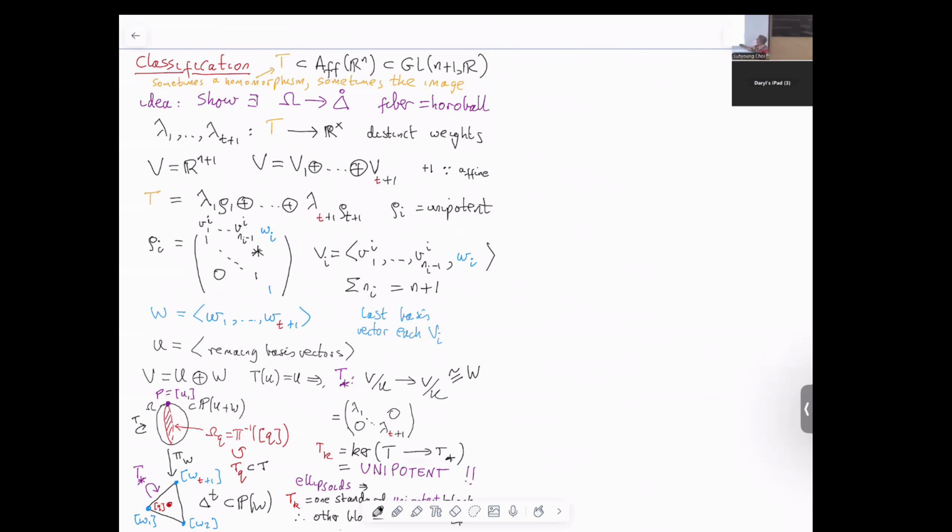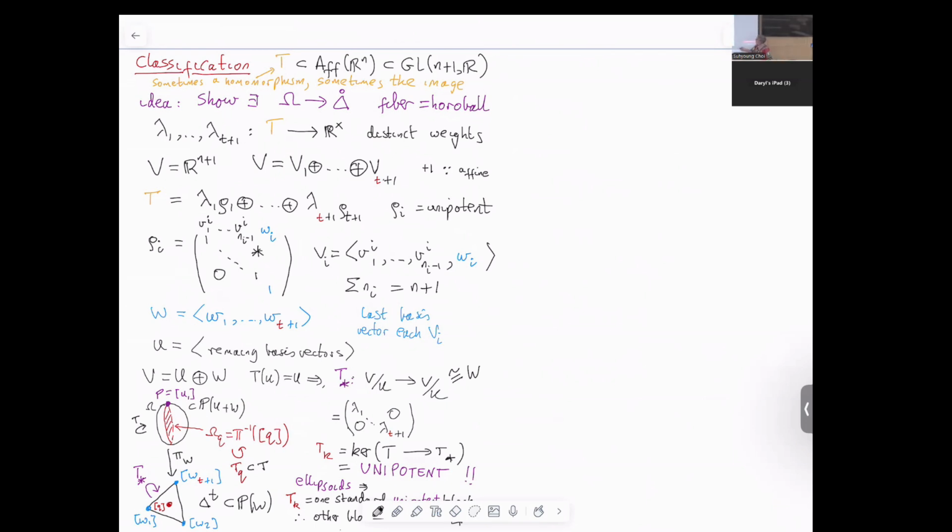And corresponding to these weights, we have a decomposition of V, the vector space. So V here is the space we're projectivizing. So V is R to the n plus 1. We have a decomposition of V into the generalized weight spaces. So there's T plus 1 of them.